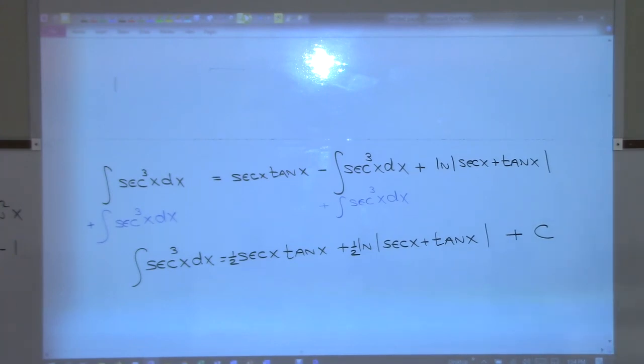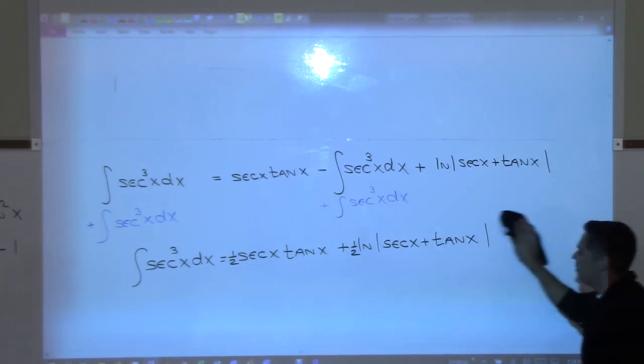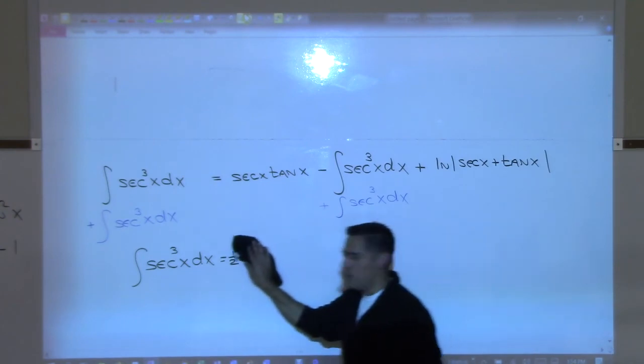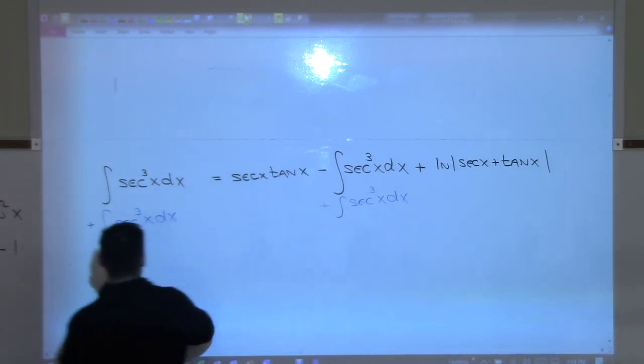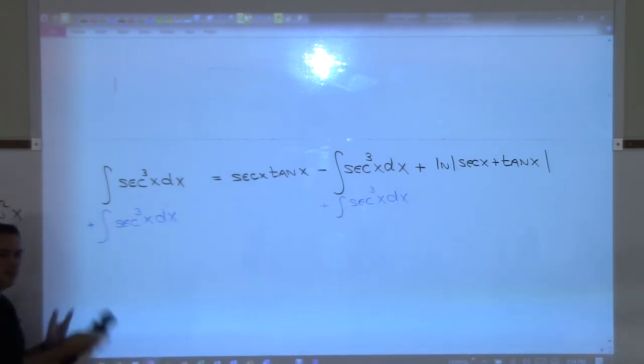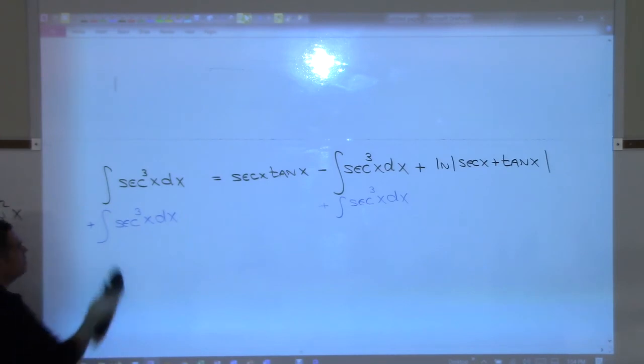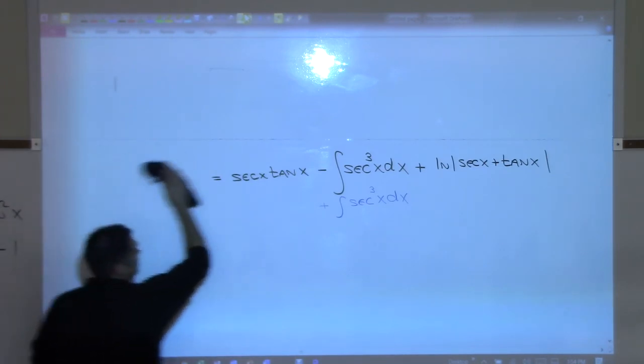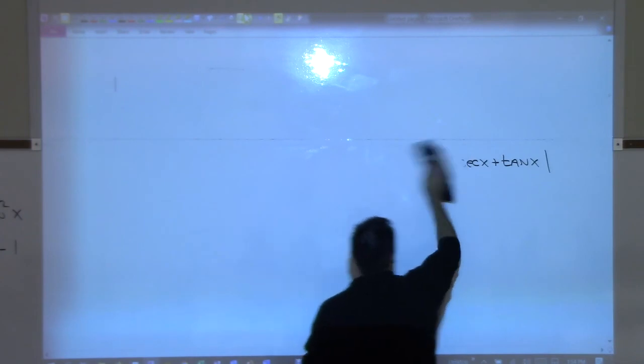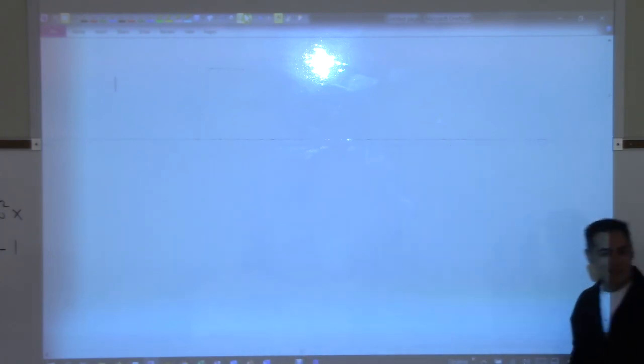What if it was secant to the fourth? Well, I don't know. We'd have to go there. But remember, it's very easy for us to put a problem up here we can't do. It's very simple for that to happen. So we'd have to just mess with it a little bit and see what happens. Because of time constraints, I'm not going to go down that road right now.